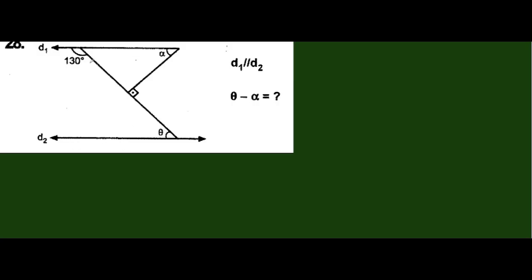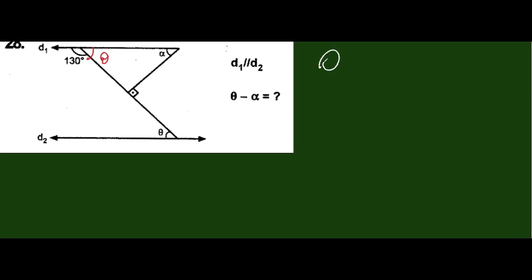Next one is this one. Again, from alternate angles, we know that if this angle is theta, this will also be theta. Theta is equal to 50 degrees because the sum of these adjacent angles is 180.